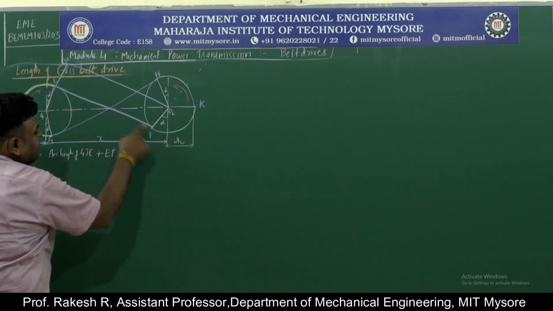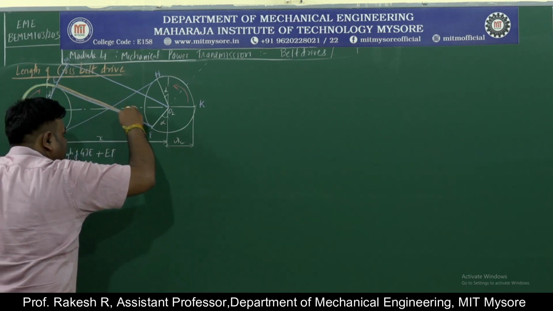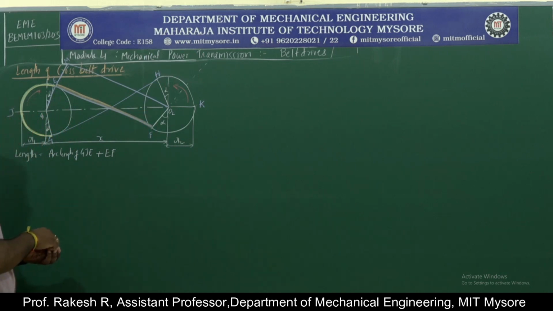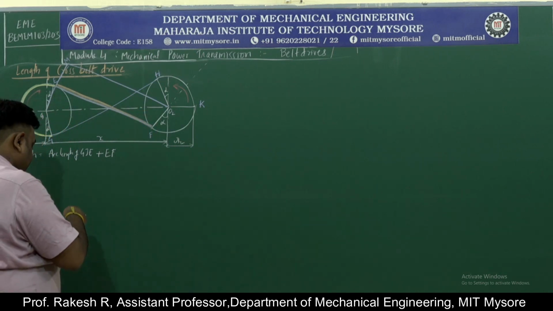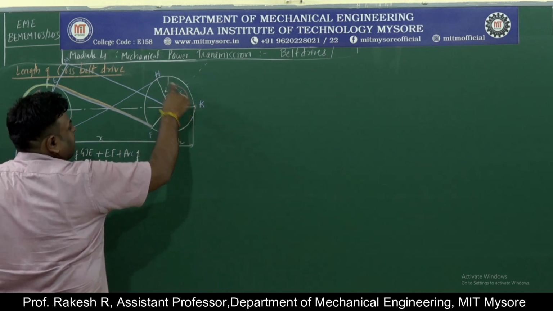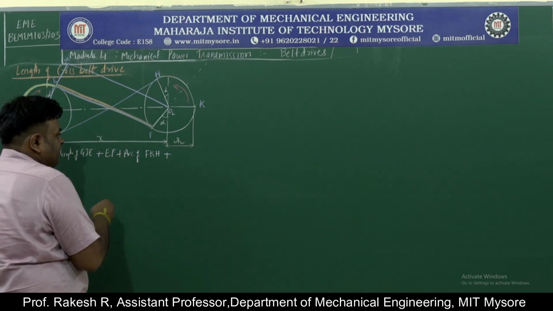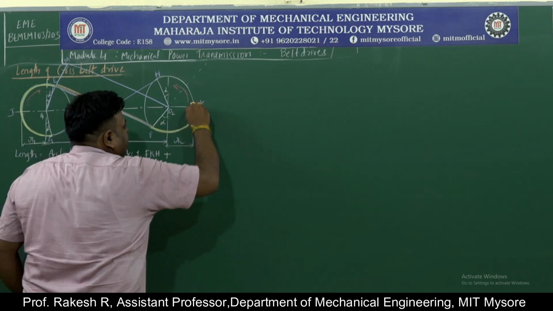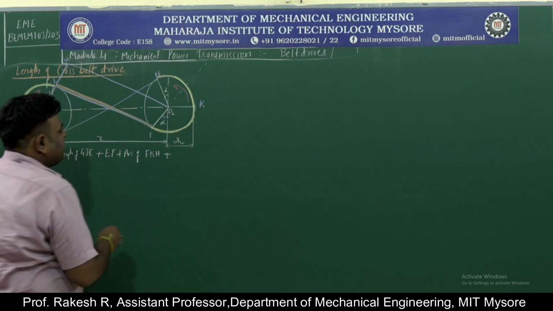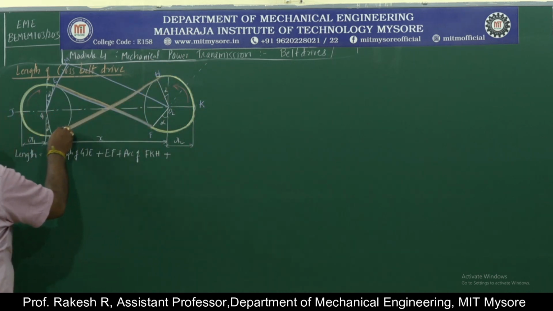You have to consider EF. Then the arc of FKH, then finally HG.